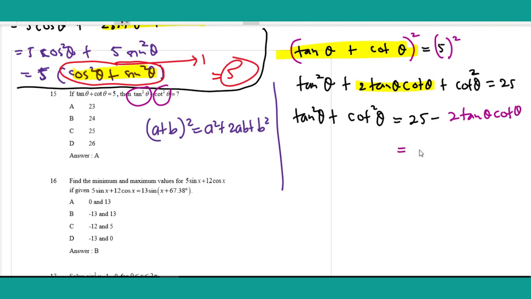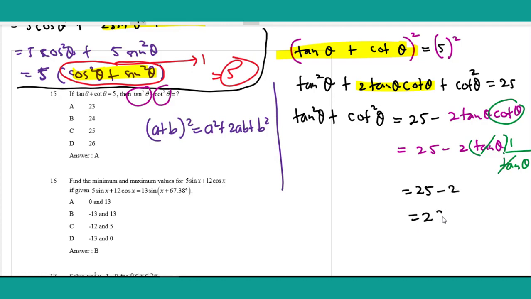Then check whether this can be simplified. Tangent theta, then cot is 1 over tangent theta, so it can be cancelled. So the answer is 25 minus 2, then 23. 6A, 23.